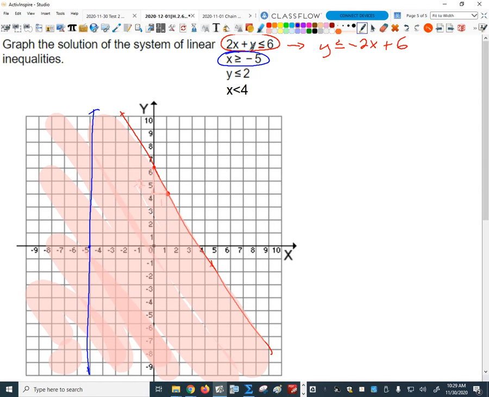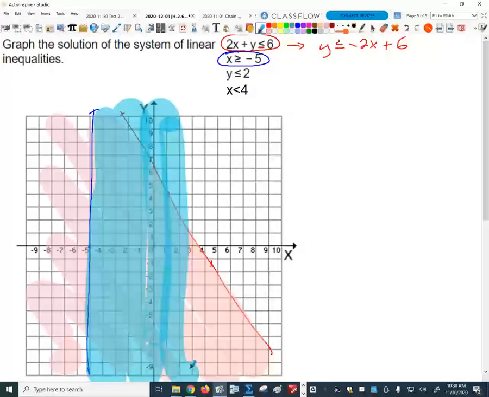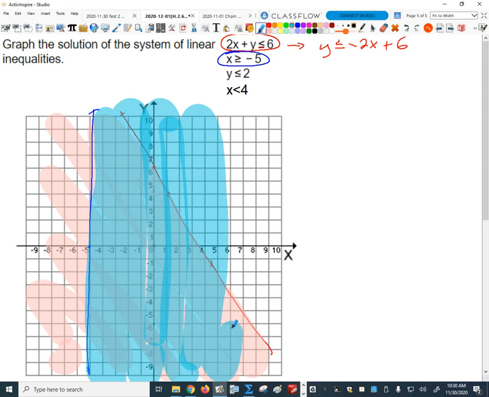We're going to shade to the right, aren't we? Because we want the values of X that are greater than, so to the right of. Good, good. So there's the second one.